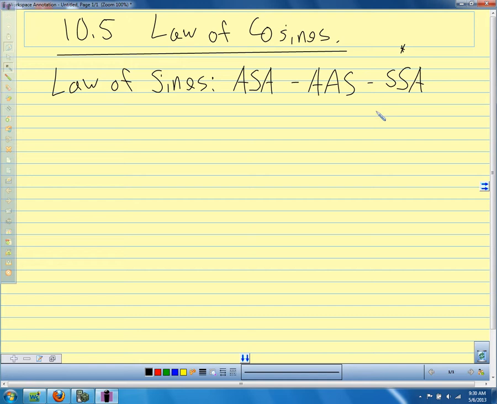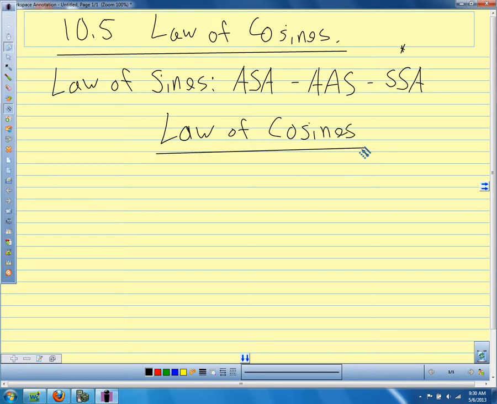The law of cosines lets us work with a couple of different kinds of triangles. So let's talk about which ones those are. So law of cosines, we'll draw our triangle, label it like we did before.